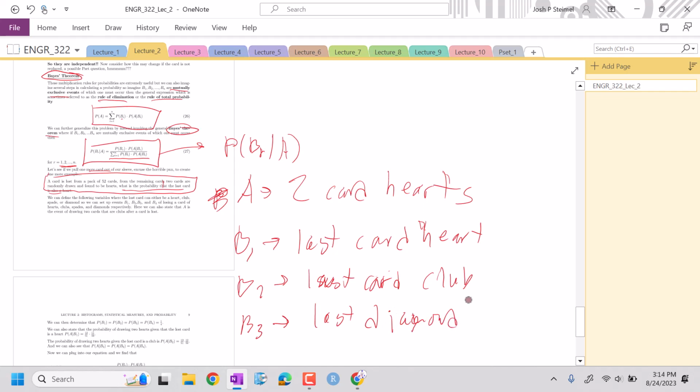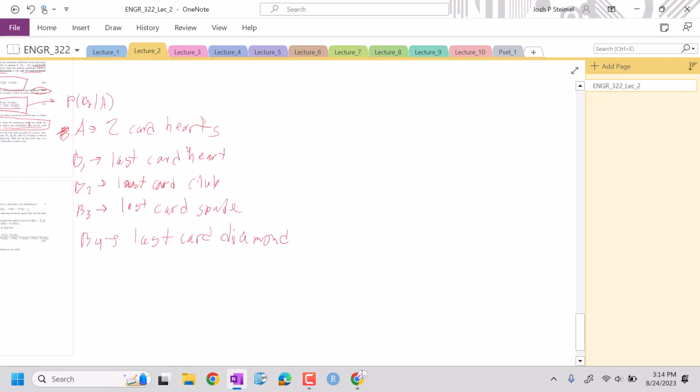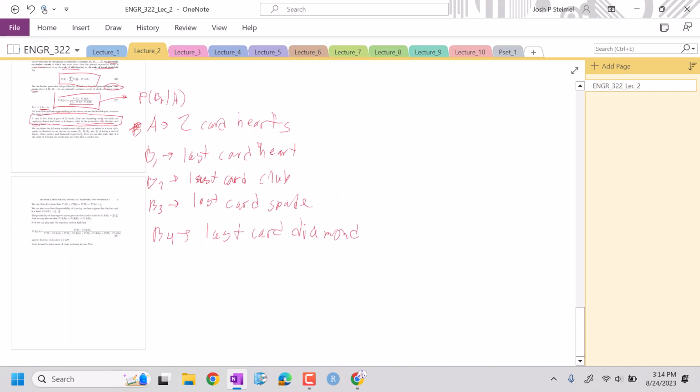Actually, let's do last card spade, and our last card is diamond. I'm just trying to keep track with this. So these are the different possibilities or the events that can occur with that last card.